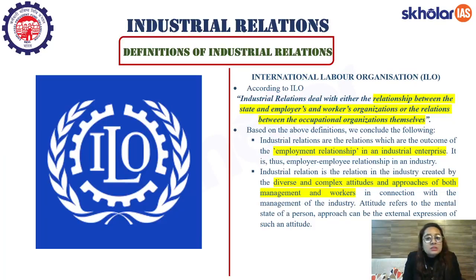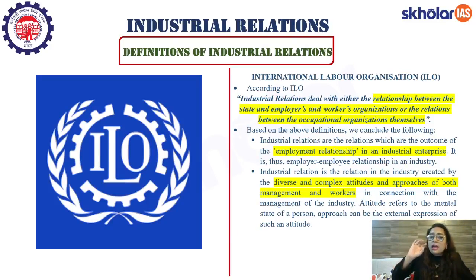Now, based on the above definitions that we have read so far, let's conclude the entire understanding of the definitions of industrial relations. First, industrial relations are the relations which are the outcome of the employment relationship in an industrial enterprise. So one thing which is being established here is that there has to be an employment relationship, there has to be an employee, then there has to be an employer, and then there are certain other relationships that exist.